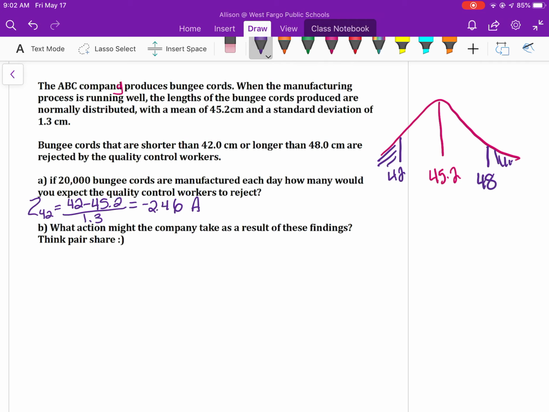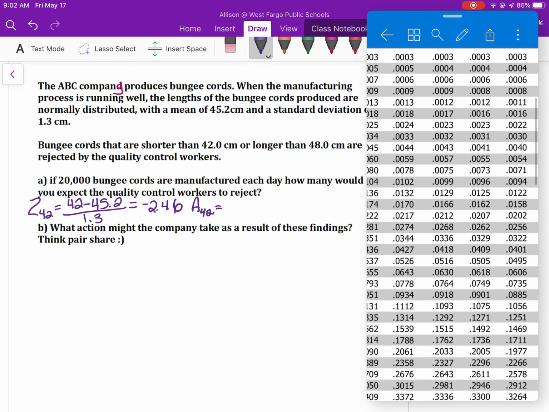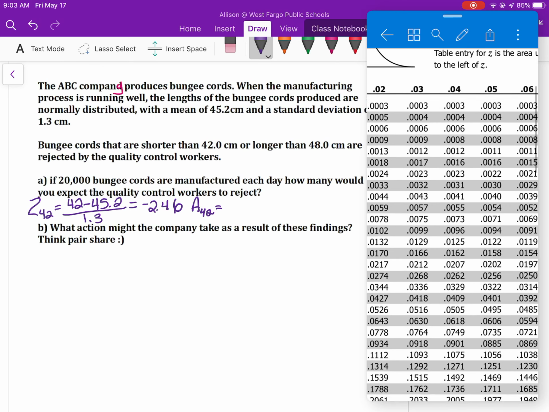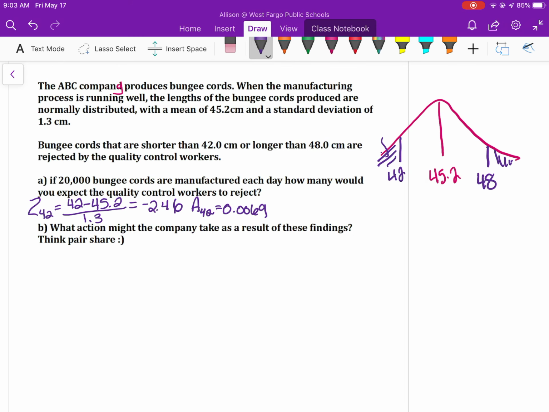Using my z-score table for 42, I'm going to look at negative 2.46, so negative 2.4, and then go over to 6, and it should be 0.0069. So that's this area right here, 0.0069, or 0.69% of bungee cords are rejected that are less than 42 centimeters.